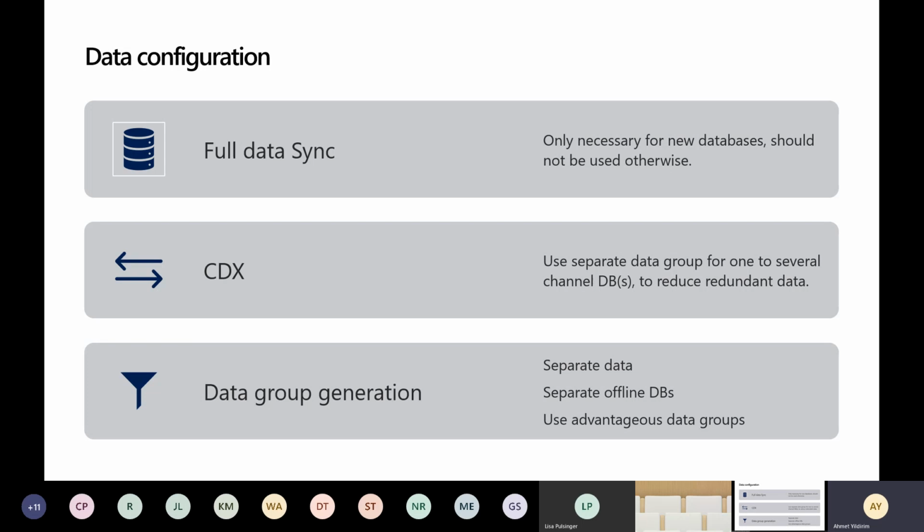If you ask yourself, I'm not sure, let's kick off the full data sync, then besides consuming the valuable resources of your environment, it is also defragmenting your indexes and your table data. That's also important for your CDX jobs and their speeds.